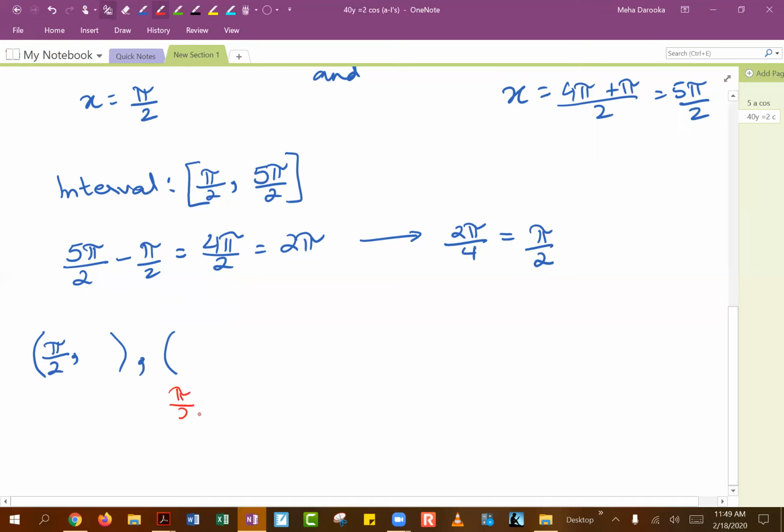Yeah, because you're going to be adding pi halves with pi halves, which is going to add up to pi. Okay, your next x value will be 3 pi halves. Very good, because you will be adding pi with pi halves.